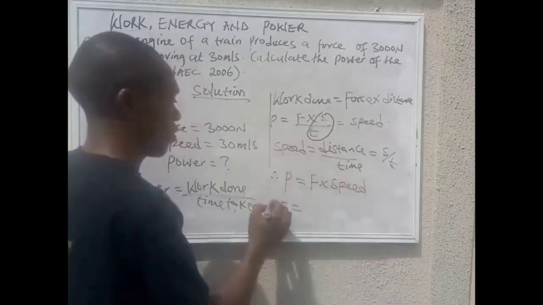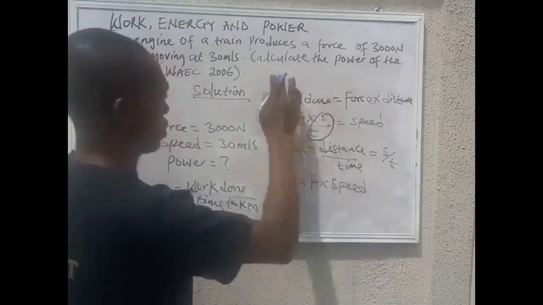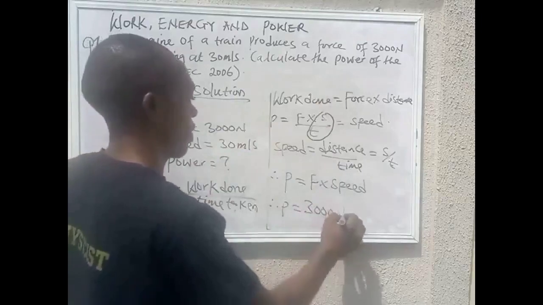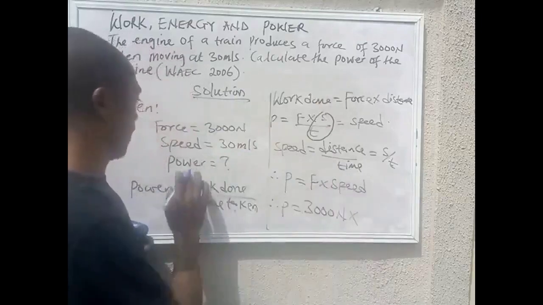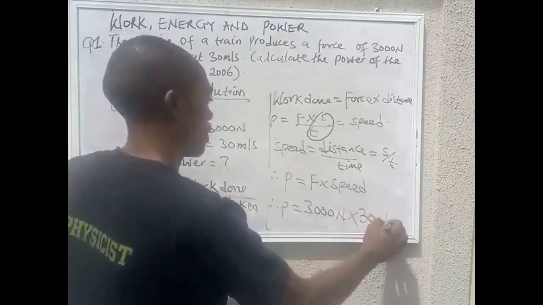Power therefore is equal to the force here, 3000 Newton, times our speed, which is given as 30 meters per second.